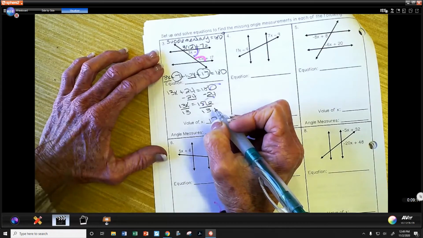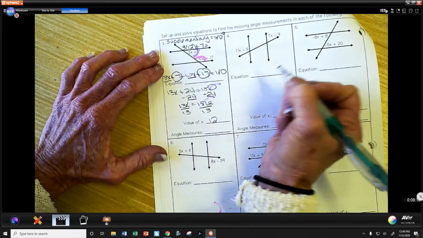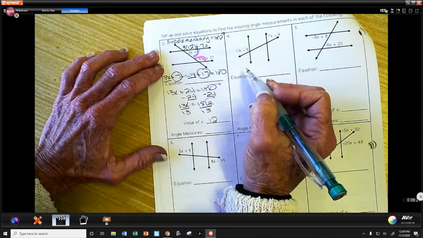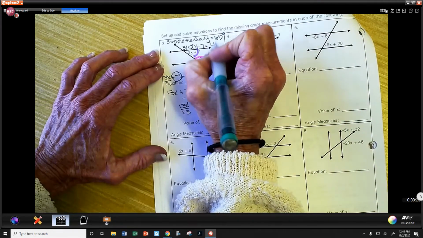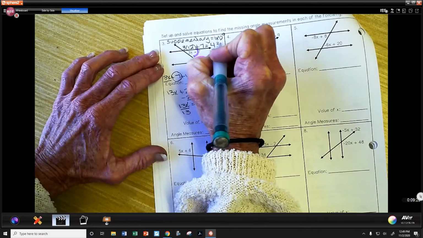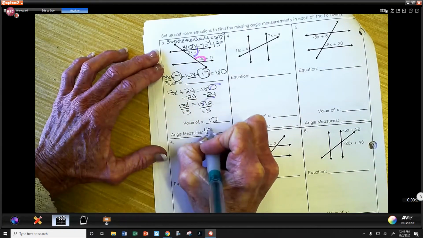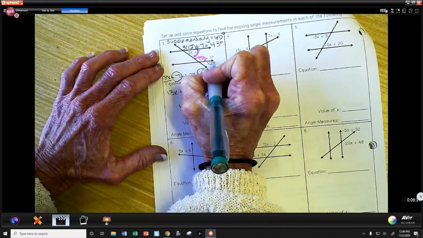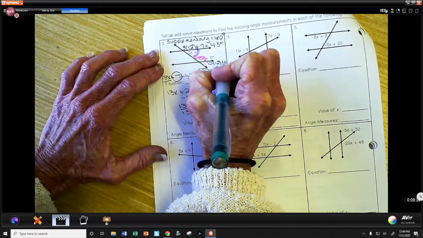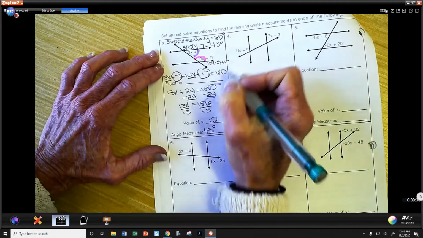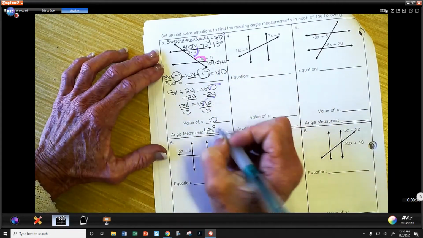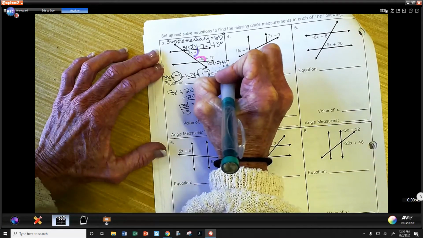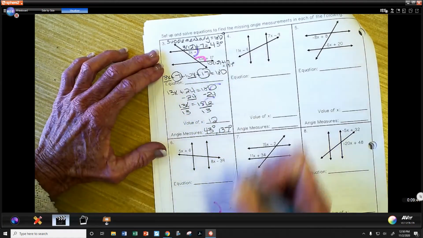And 3 times 12 plus 7, 36 plus 7, I get 43 degrees. So my first angle is 43. This one, I'm going to do 10 times 12 plus 17. And 10 times 12 plus 17 is 137. So that one equals 137.